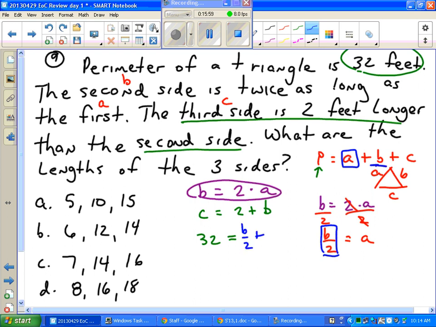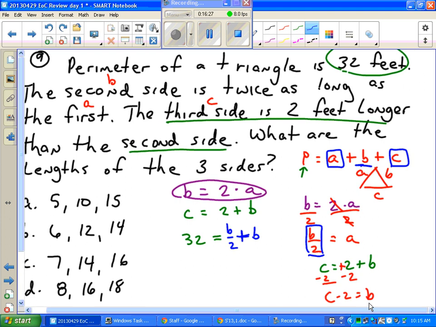Plus, our next one is just B. And our last one, C, we actually have already, 2 plus B. In place of C, we'll plug in 2 plus B. I know I'm all over the place, so I'm going to bring this down and make it a little bit clearer for us.